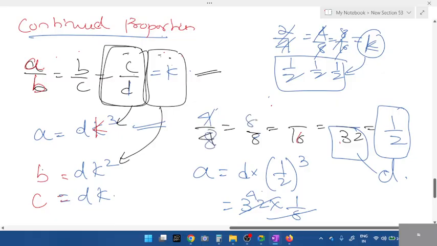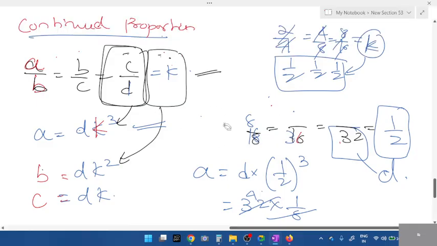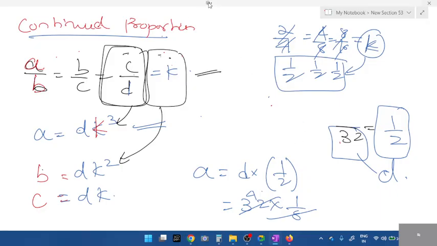4, 8, 8, 16, 16, 32. Oh, correct. I've taken this extra. It should have been like this. Only three values, students.